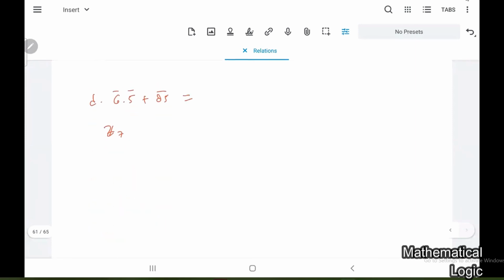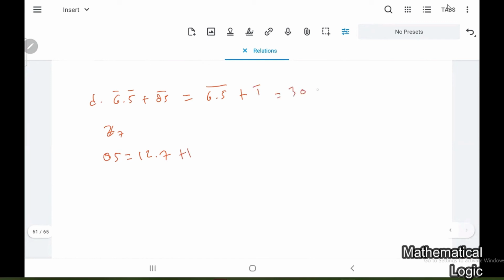again, we can multiply this one, 6 times 5 bar, and then 85. 85 is what? Plus this one should be 12, correct? 12 times 7 is 84, right? And this one plus 1, so this one is 1 bar.